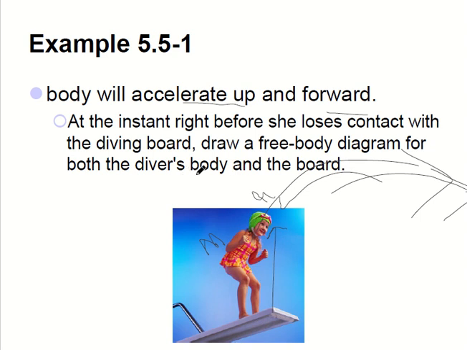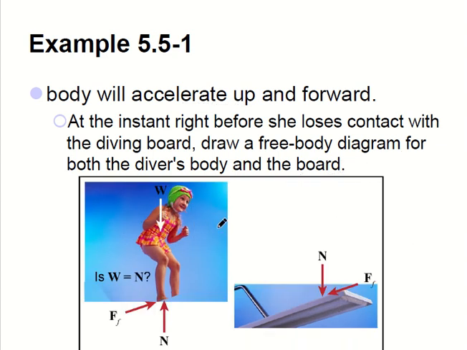So the instant right before she loses contact with the diving board is right here. Since she moves up, she's going to come into the air from the board. It means she loses contact with the surface. Then we draw a free body diagram. We have to draw her forces. So let's take a look at it, and we start drawing her weight, normal, friction, and here's the board.